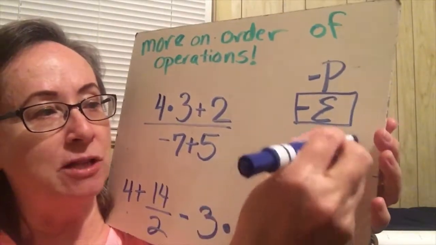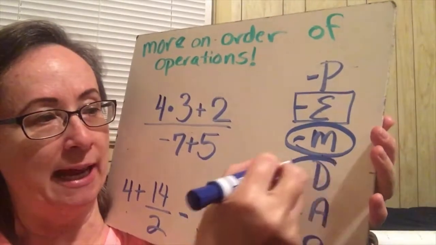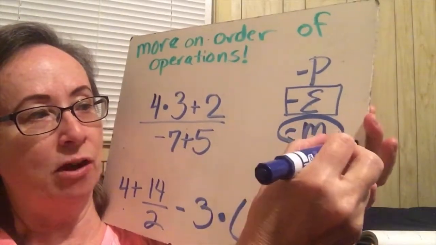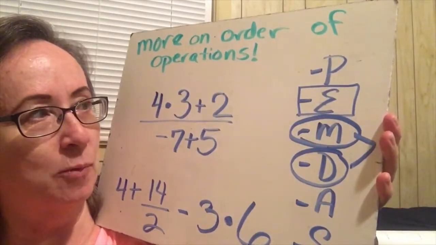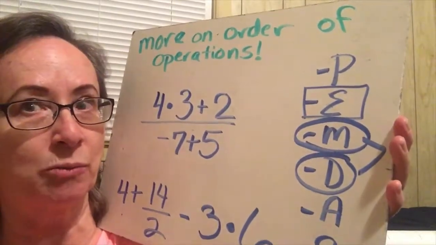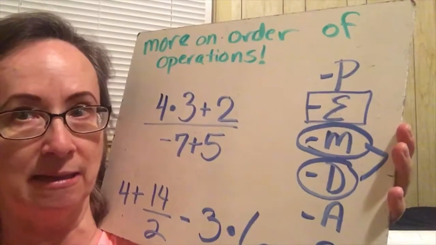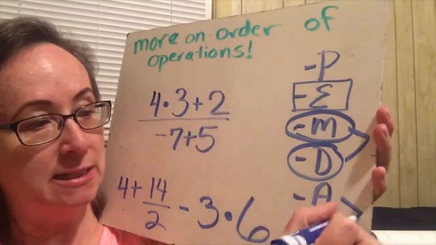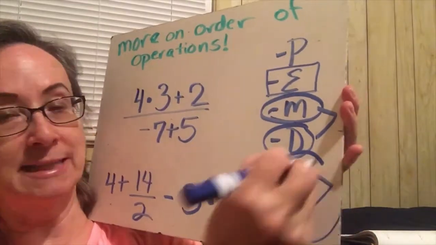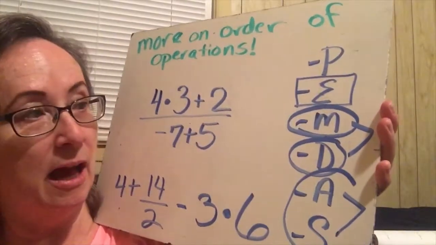But we have talked about multiplication and division being on the same level of order of operations, which means we're going to do them as we see them as we go left to right, and addition and subtraction are on the same level as well.